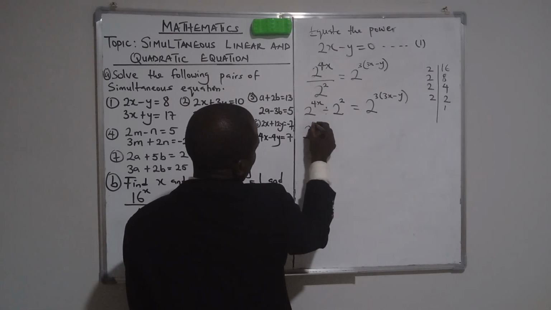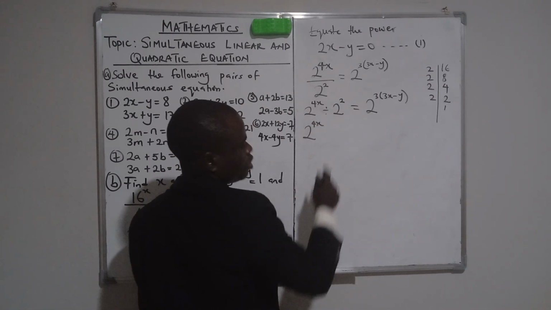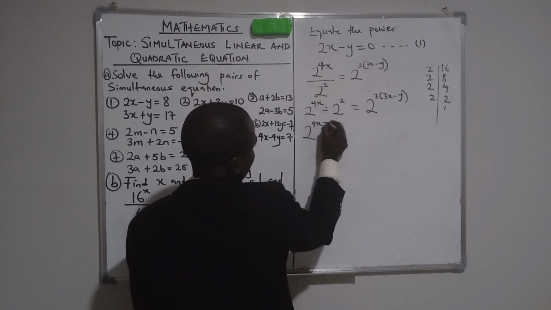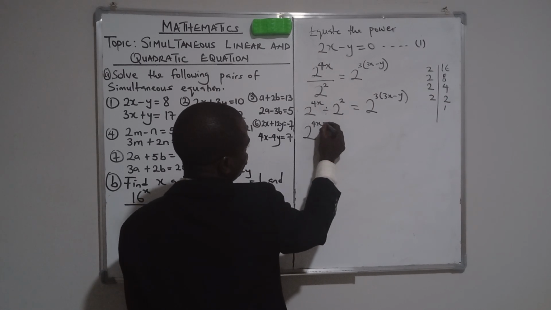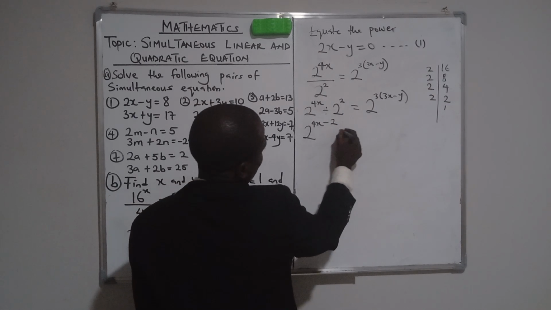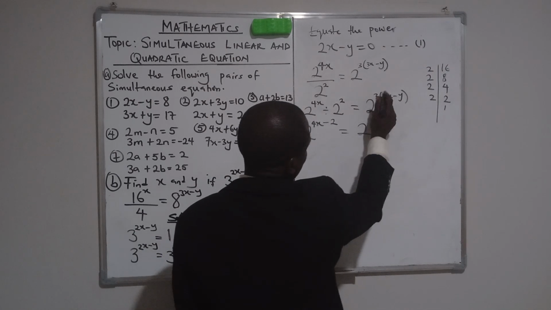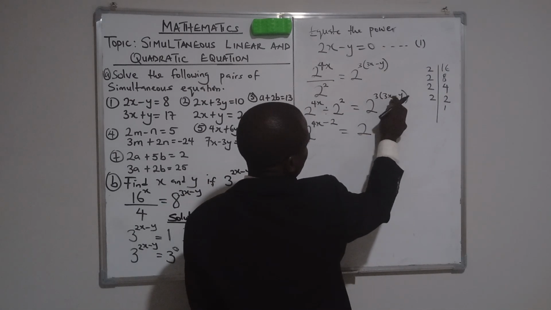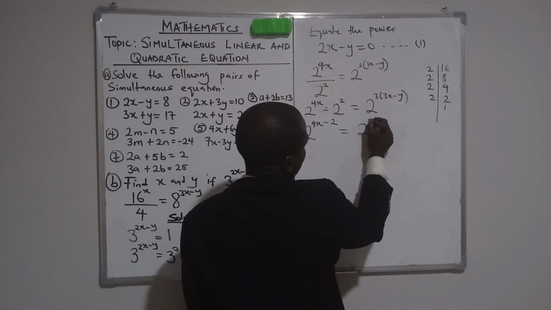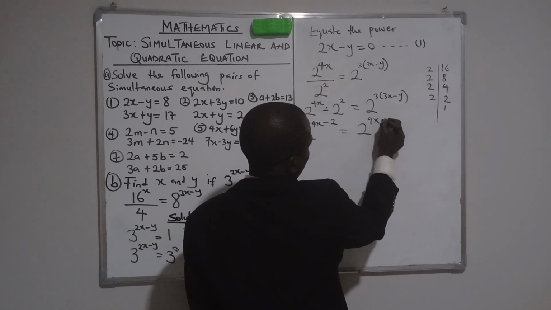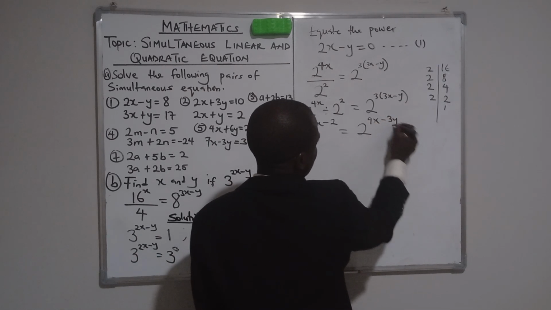Now 2 raised to the power 4x, in indices, division is negative. When you remove one of the two, you introduce negative 2, equals 2 raised to the power. Let's open the bracket. 3 times 3x, that's 9x minus 3y.